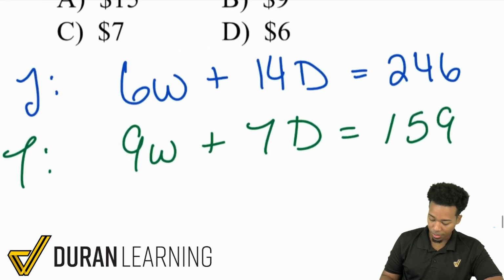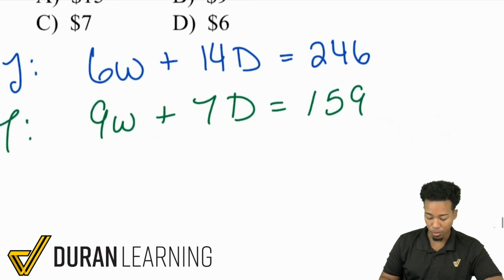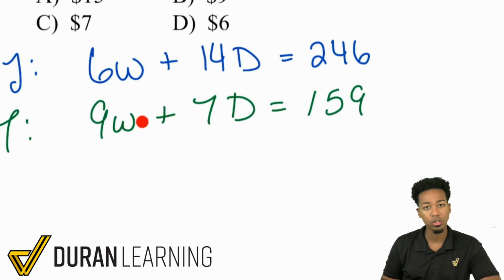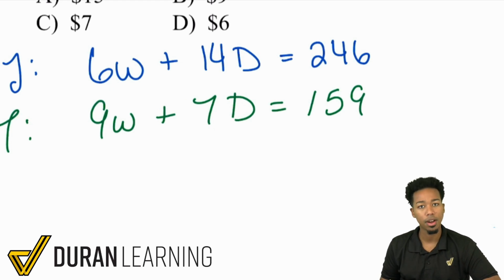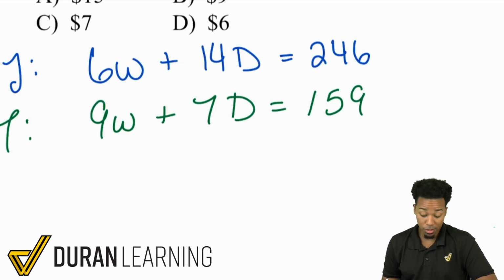If I look at this, this is pretty interesting because I see that we have 14D and 7D. I can actually turn one into the other. I can use elimination here by modifying one of the equations to get the other variable lined up. You have options here.